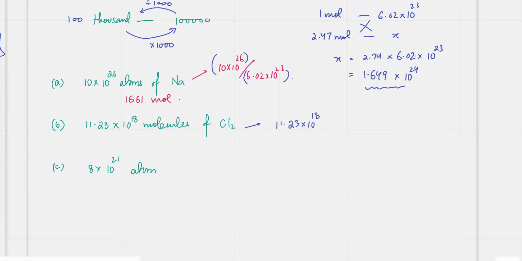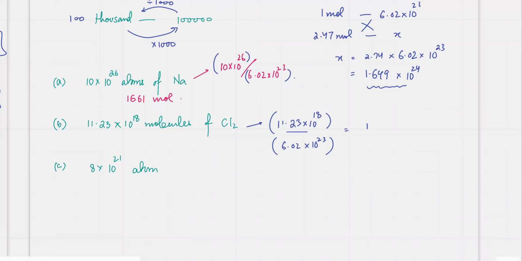So to find moles, you divide by the Avogadro's constant, 6.02 times 10 power 23. So make sure you put brackets around it. Yes, 1.865 into 10 raised to power minus 5. Okay, that's your moles. What about the last one?